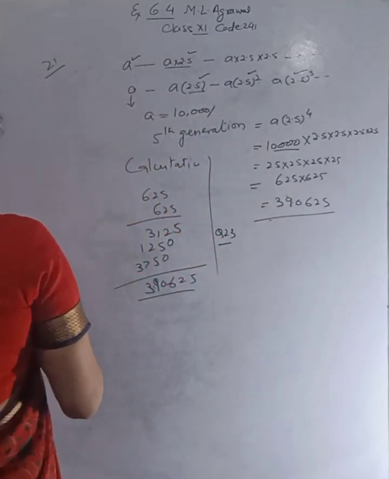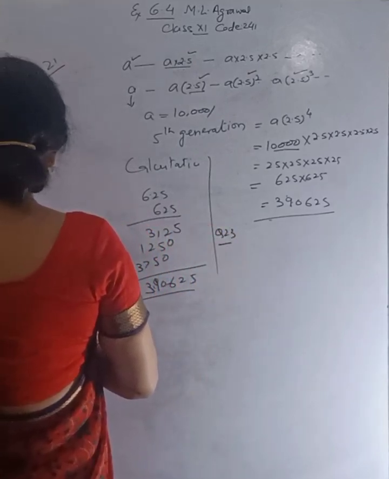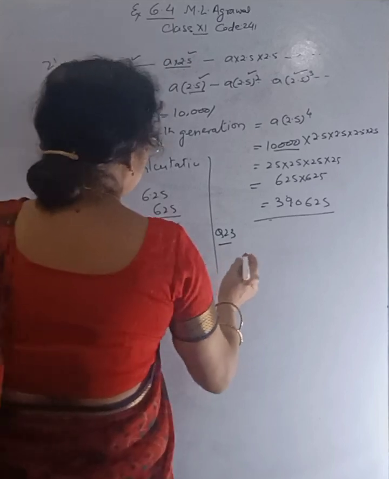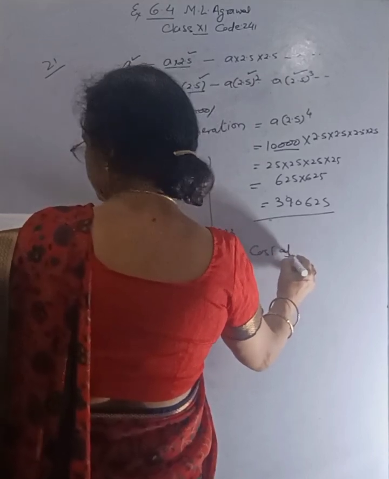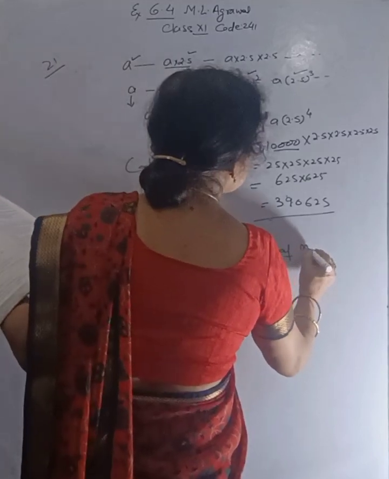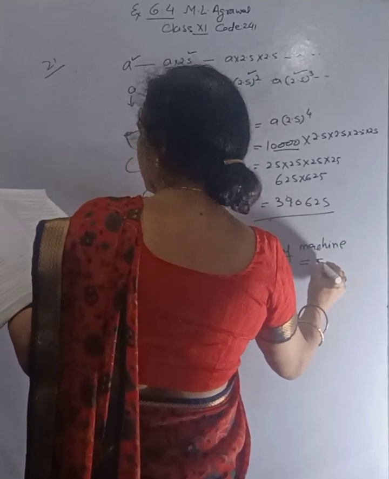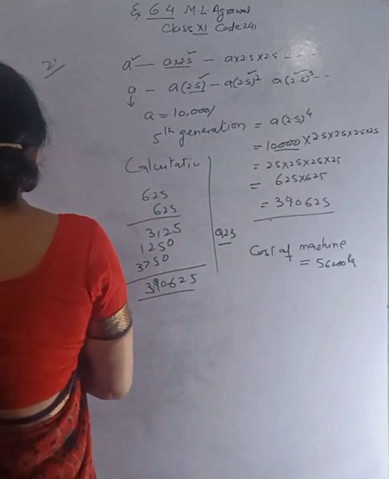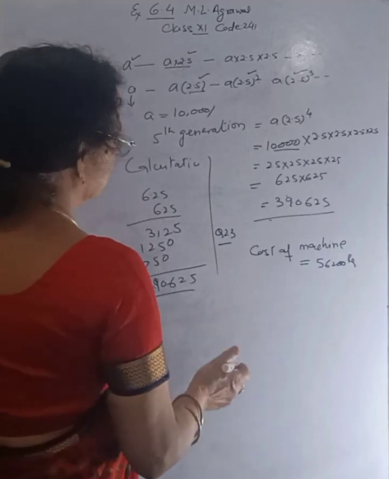Now question number 23rd. 23rd is, a manufacturer remarked that the value of a machine, the cost of the machine, it was given to us 56,200 rupees. This was the initial cost of the machine.